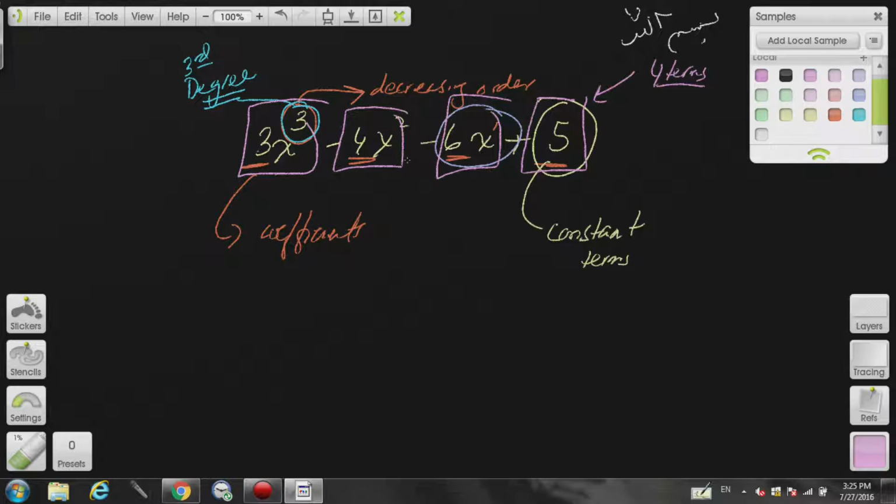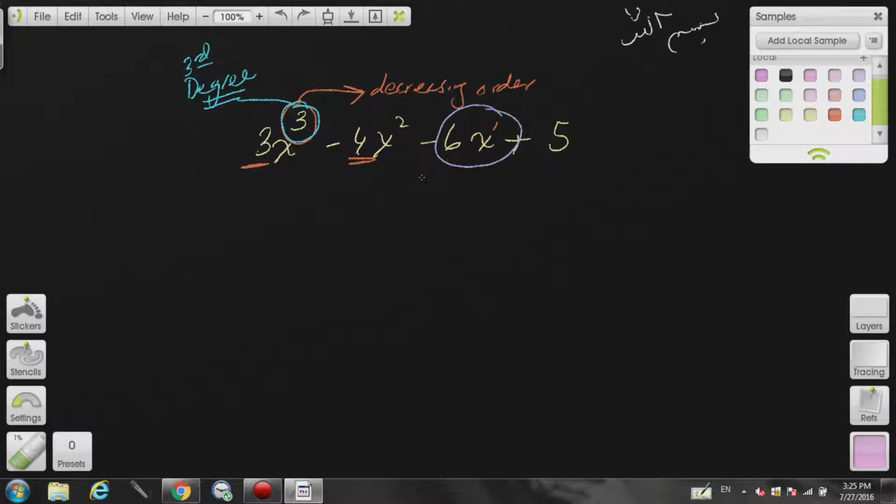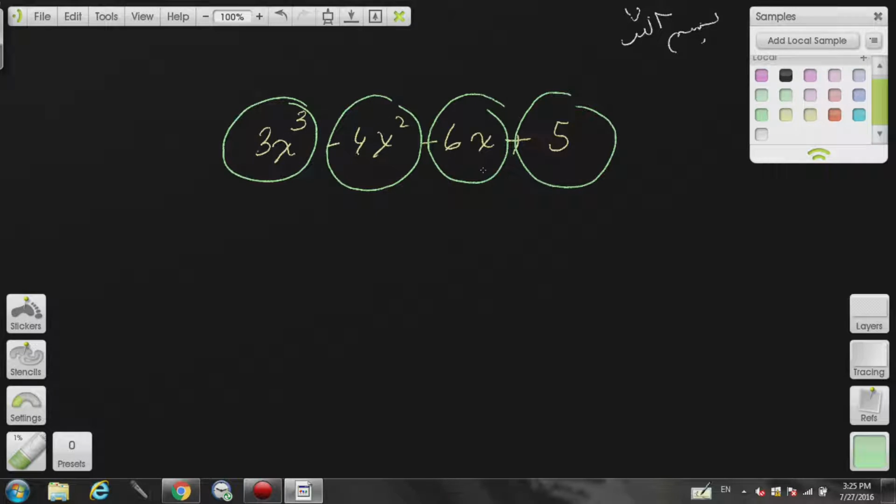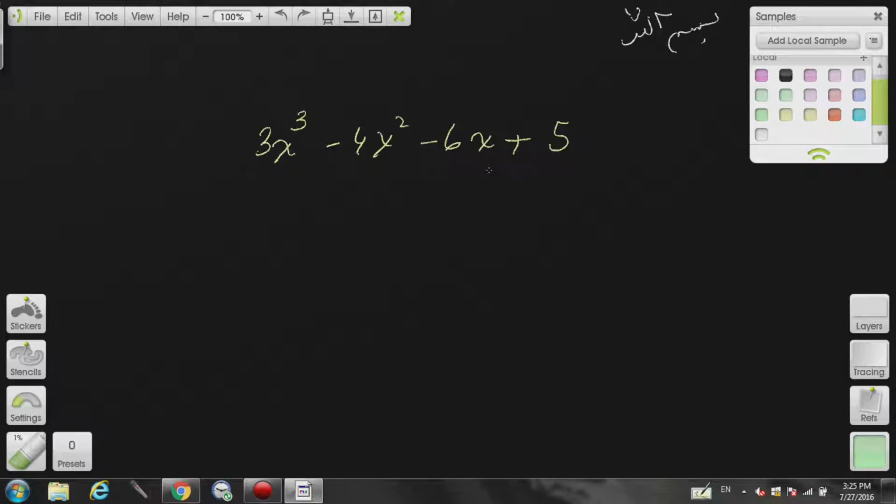And the last term, without the variable, that's the constant term. Now, again, I just want to review, these are just terminology. So in this polynomial, there are 4 terms.